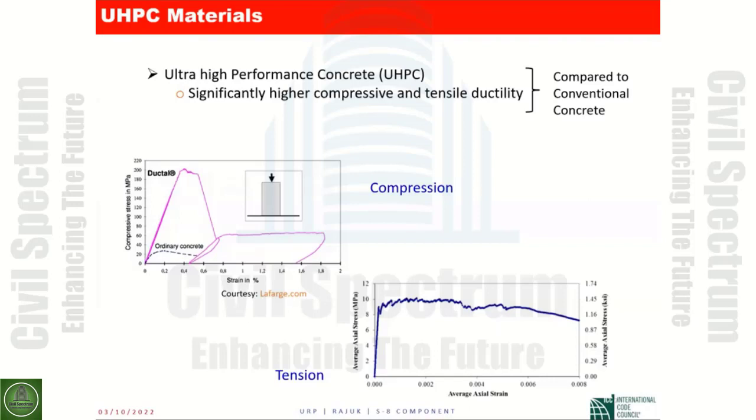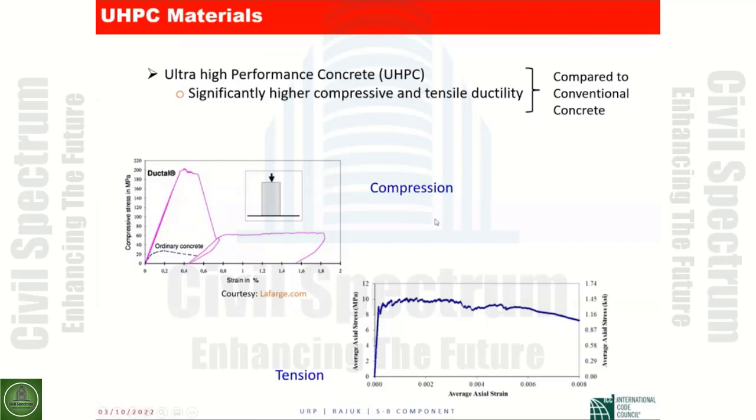Also, once it begins to fail, you notice that it maintains some level of capacity. In other words, if you look at the purple curve, after the curve goes down, after it's dropped, we still have about 60 megapascal capacity until we go to relatively large strains. So this is under compression.